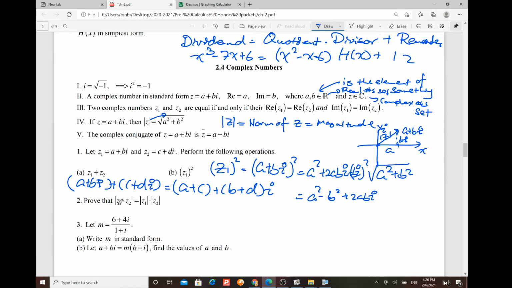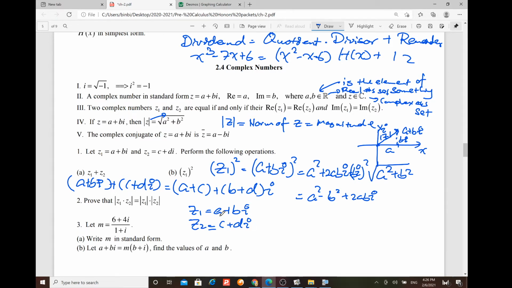To prove that the magnitude of z1 times z2, the product, equals the magnitude of z1 times the magnitude of z2, we want to show both sides are equal. So start with z1 times z2. Let z1 equal a plus bi, and z2 equal c plus di.